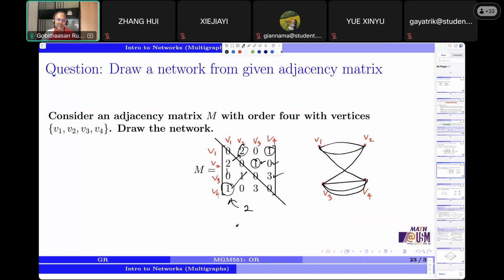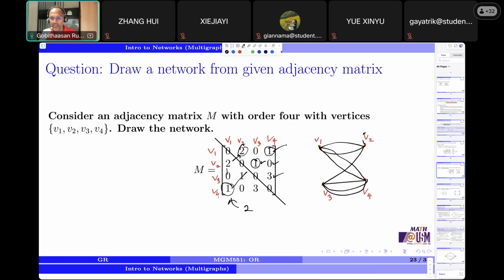So if we have 2 here, V1 to V4, we have 2, right? If I draw like that, then this becomes 2, 2. So it's still symmetric, which means in order to violate the symmetry, we need to create a loop. That's just telling you when the matrix will not be symmetric, and there is a loop.